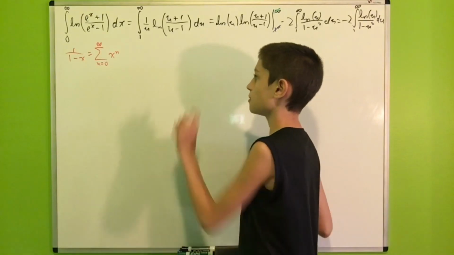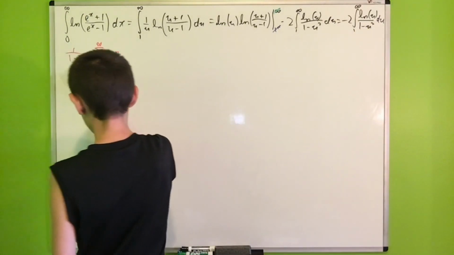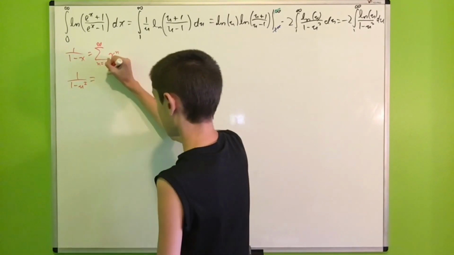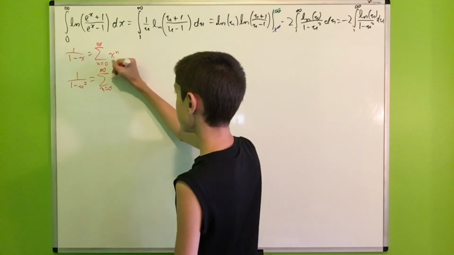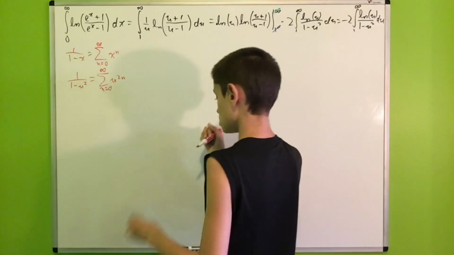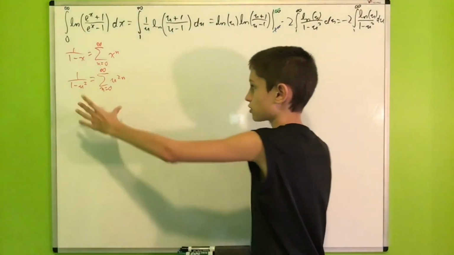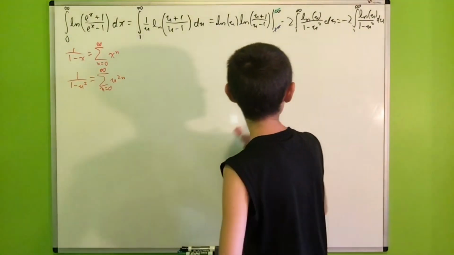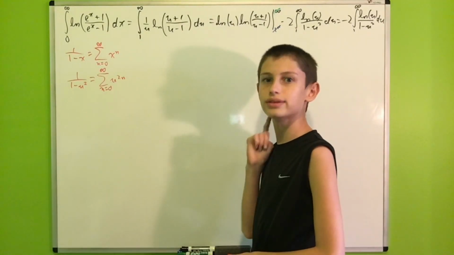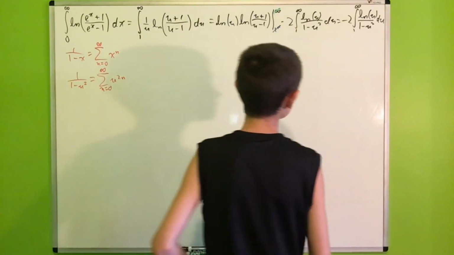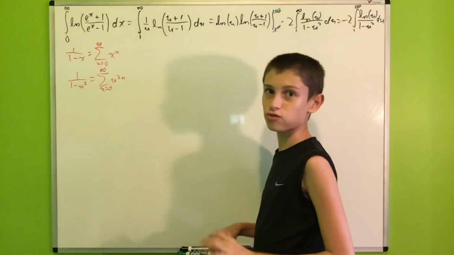So what happens if we plug in u squared into this? We get 1 over 1 minus u squared equals the sum as n goes from 0 to infinity of u to the 2n. So we want to substitute this infinite series into our integral in some way. But we can't do that yet, because this series converges on the open interval from -1 to 1.